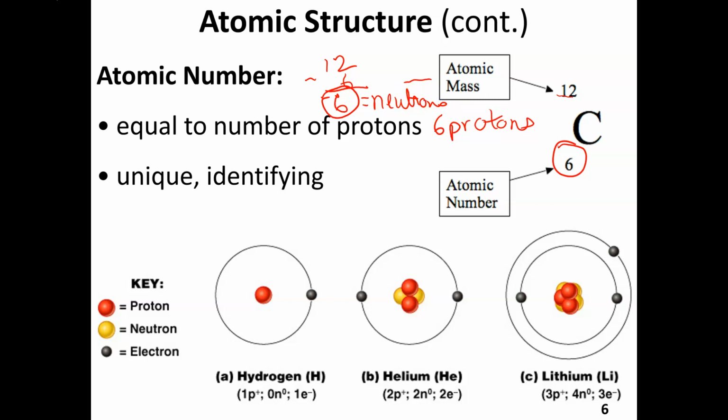So all atoms have an atomic number, which tells you what type of element it is, and atomic mass, which tells you the number of protons and neutrons together, or the weight.